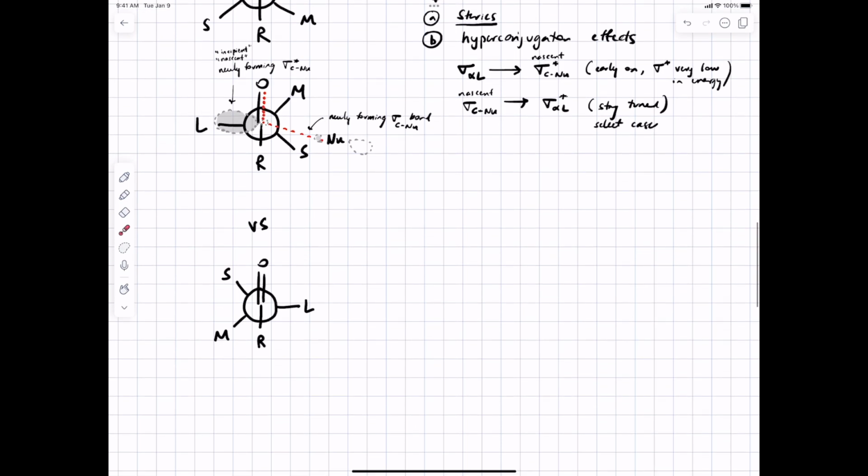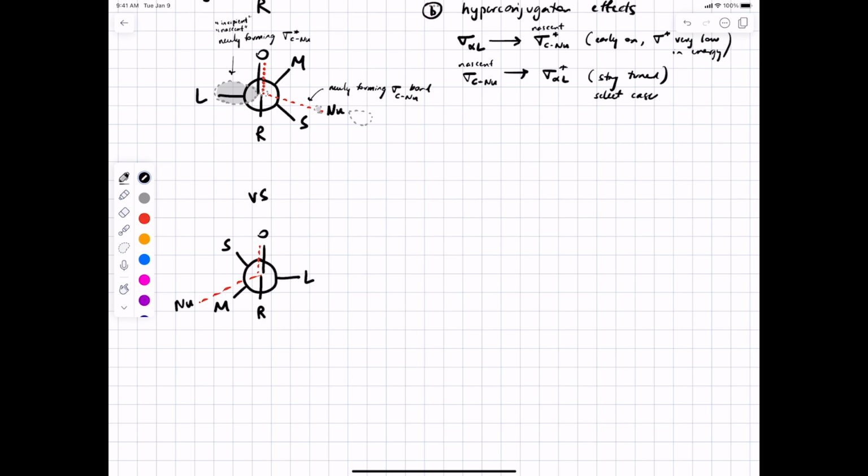All right, so you've got both of those. We've got the conformation on the top, approach from the right-hand side, and then we'll do something similar, approach of the nucleophile from the left-hand side.